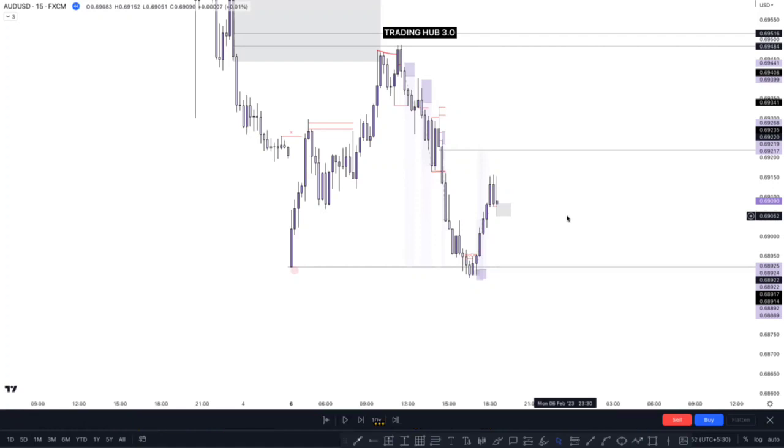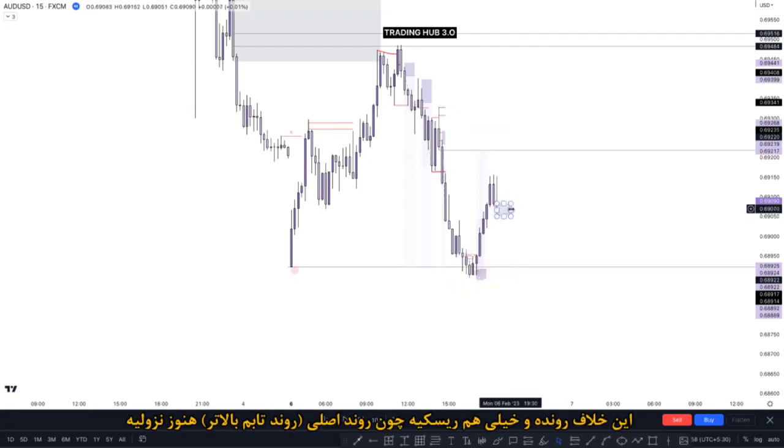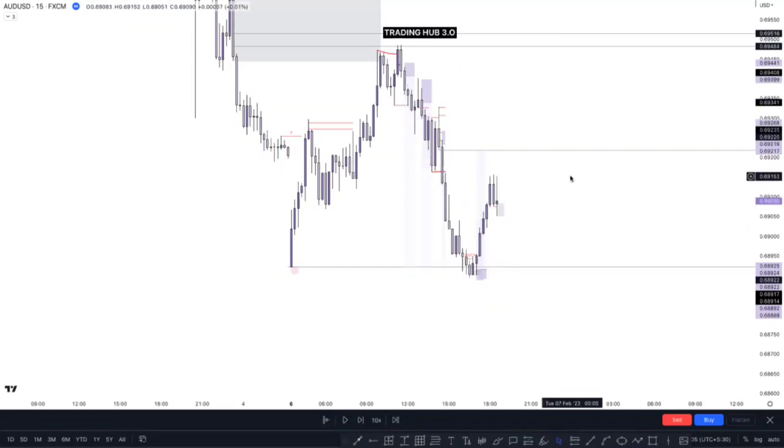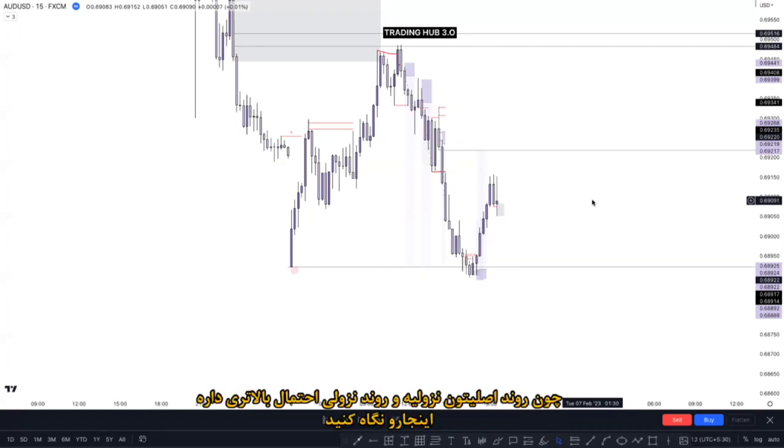This is very risky, because the main trend is bearish. So you can buy here, but only for the short term. The main structure is bearish, and bearish is also available here.